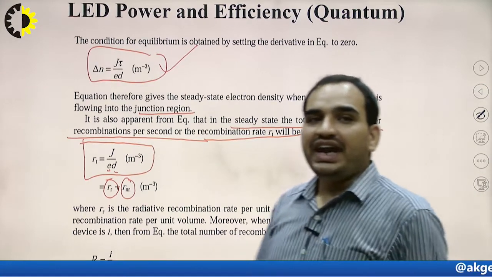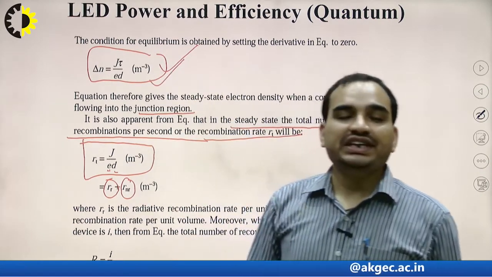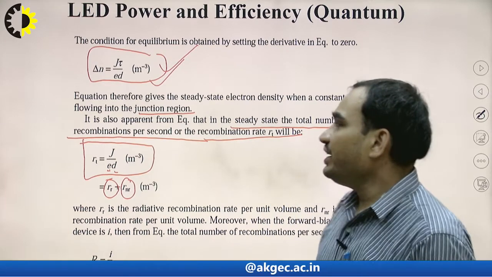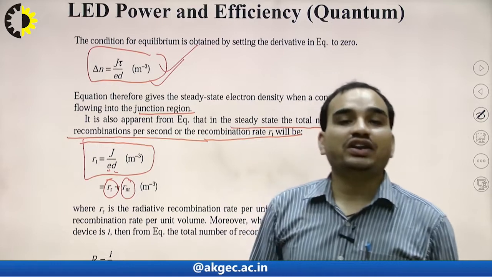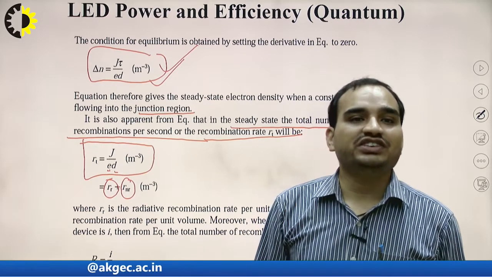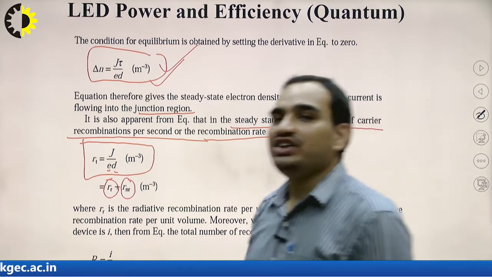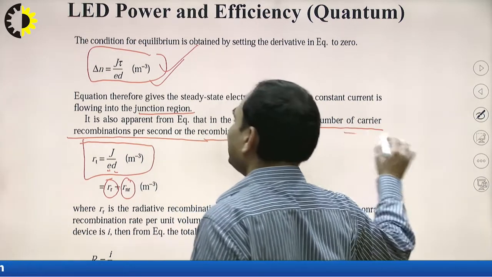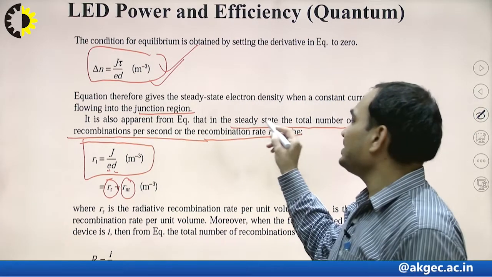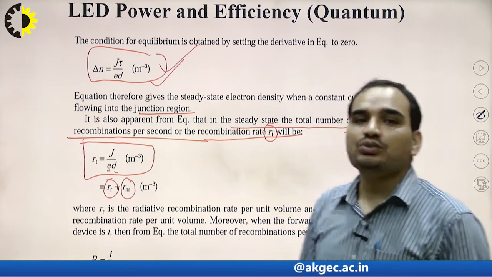Where Δn equals Jτ/(eD), where e is the charge of the electron and D is the distance. The equation therefore gives the steady state electron density when the constant current is flowing into the junction region. It is also apparent that the steady state total carrier recombination per second, or the recombination rate R_T, will be equal to J/(eD) per cubic meter.